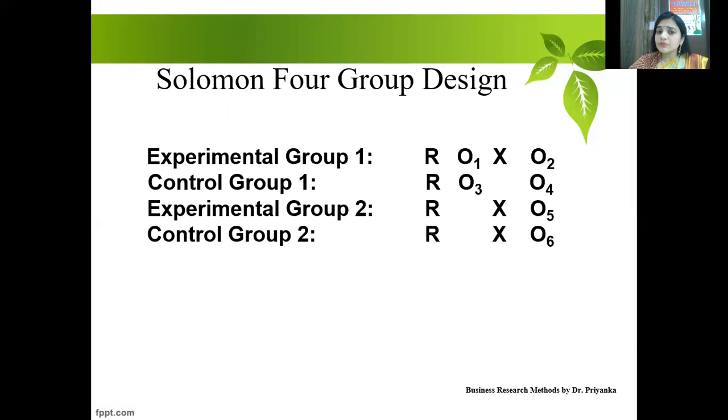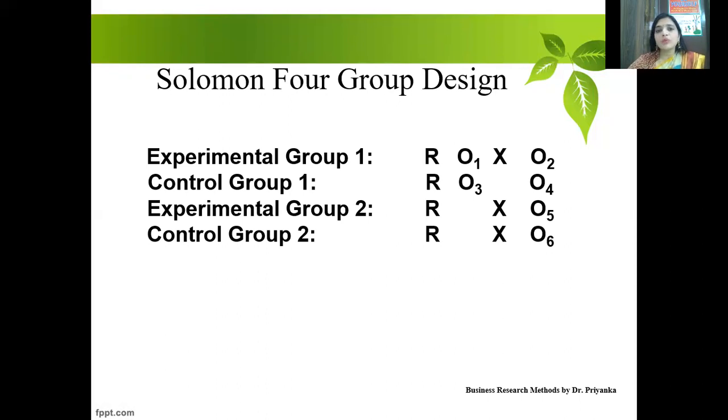Then the Solomon 4-group design, again it is almost the same as the static group design. Over there we just had one group, but here we have two groups, basically four, because in both groups we will have one experimental group and one control group. Then in the second group also an experimental group and a control group are there.